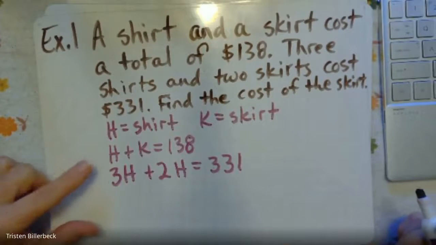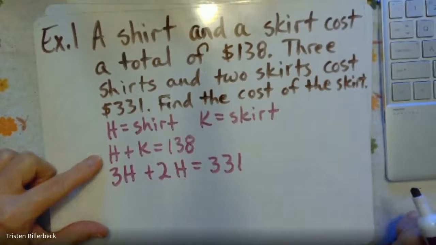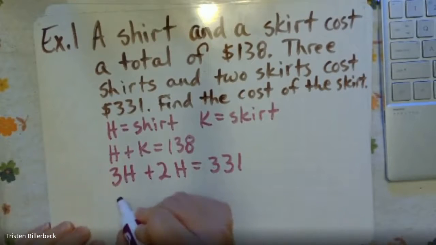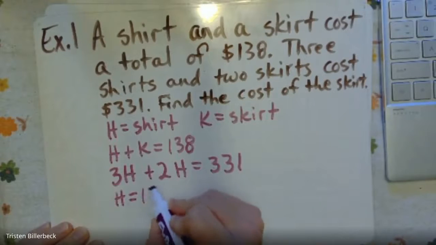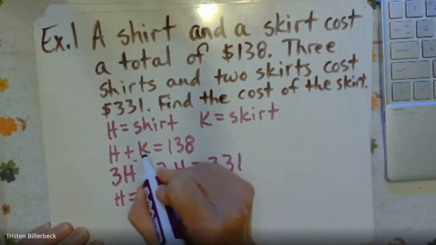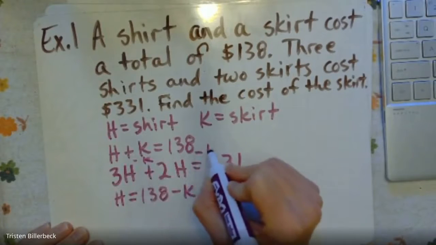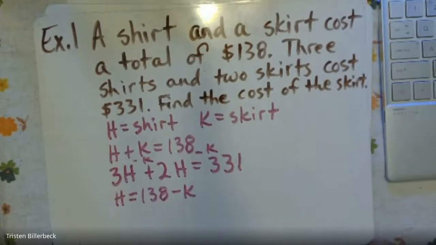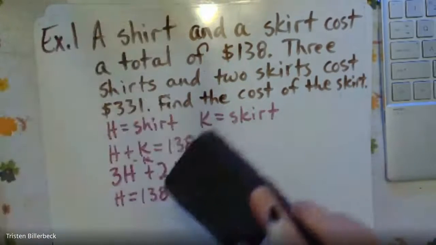All right, so this one I can again do substitution. If I subtract a K from both sides, I get H equals 138 minus K. So I did that by subtracting a K from both of those sides. Okay, now I'm going to substitute into that.